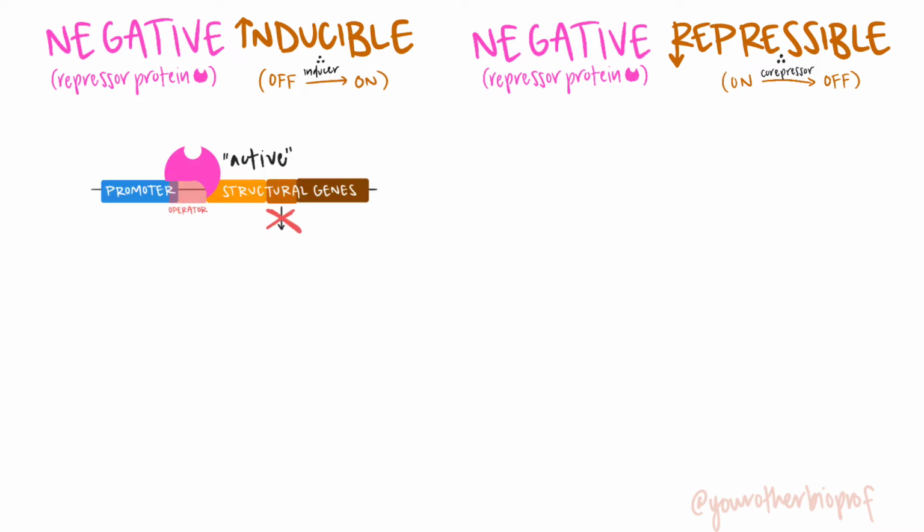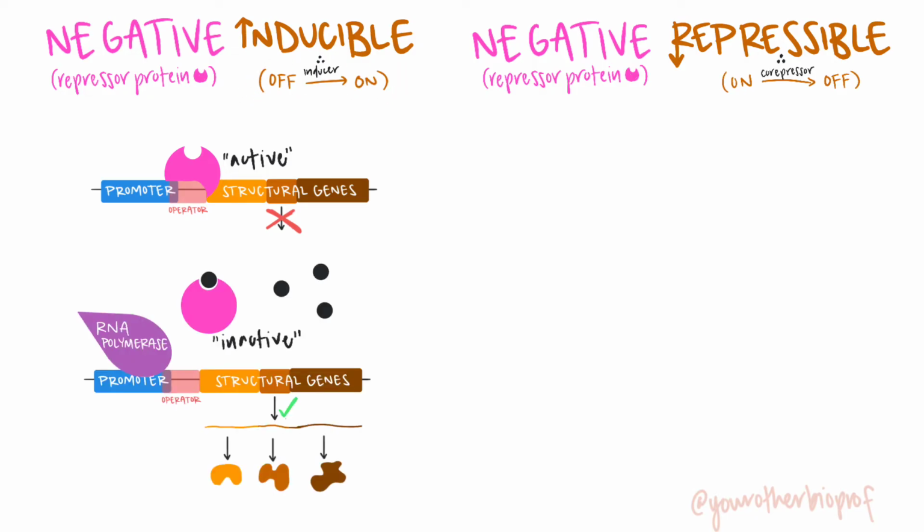If an operon is inducible, think of its default state as being off, but it can be switched on by adding effector. And in inducible systems, remember, we call that effector inducer. So without inducer, transcription is off. And it's off because the active repressor protein is bound to the DNA, blocking RNA polymerase.